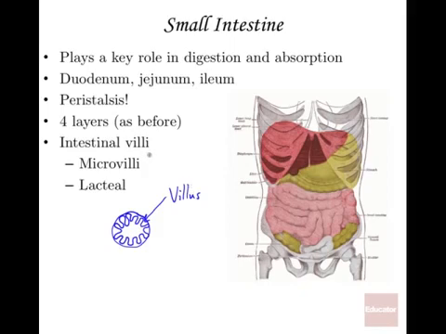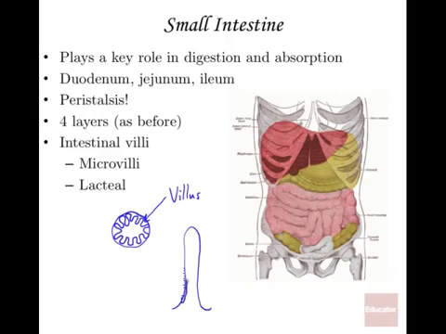And villi is plural. So villus, and then all of these are villi, look like little finger-like projections. And then when you zoom into one of them, so here's one of those villi, if we zoomed into the surface of one single villus, there are little tiny microvilli on each of the cells of this epithelium.